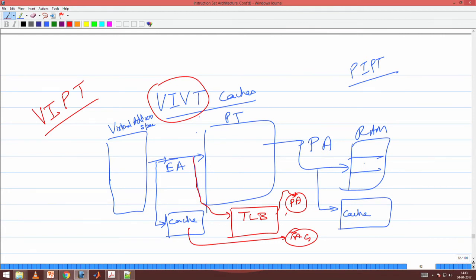When I want to replace it back, I can reconstruct exactly the physical address, so I can implement a write back policy here. Are you able to follow this? In a VIPT, I am indexing into the TLB and at the same time I am indexing into the cache, so those two indexings are concurrent.